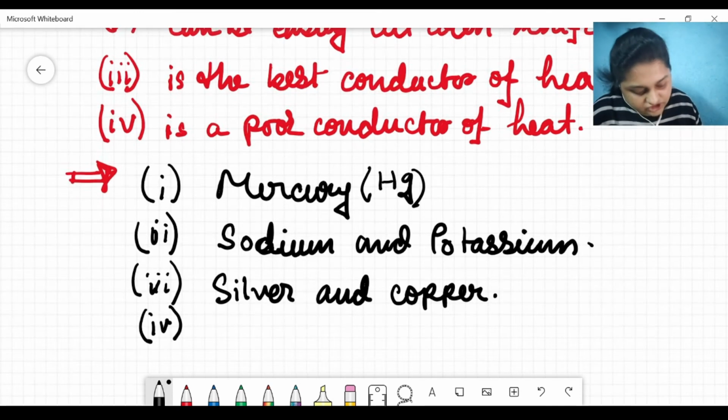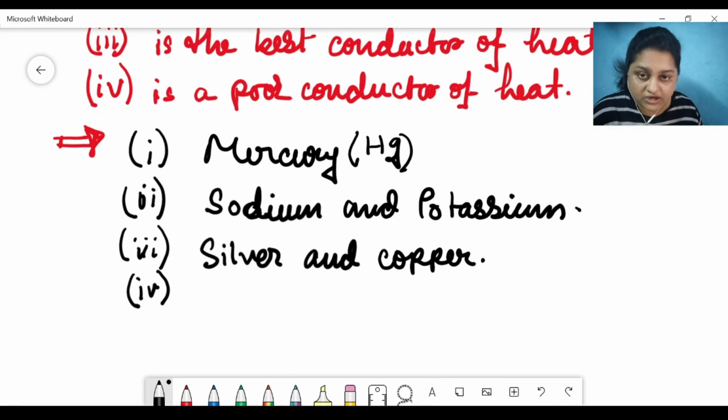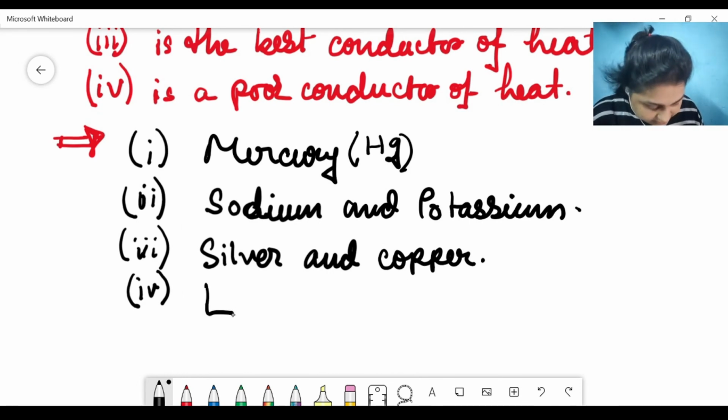The last question is an example of a metal which is a poor conductor of heat and electricity. The metal which is a poor conductor of heat and electricity is lead.